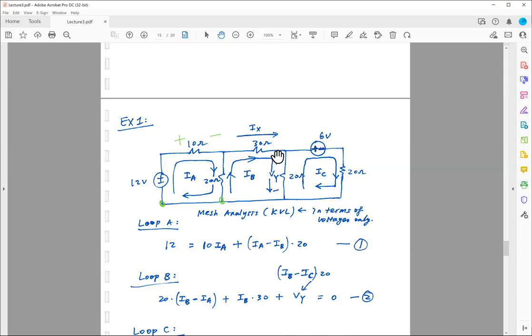This net current flow is going to flow downward through this 20 ohm resistor. So IB minus IC times the 20 ohm resistor here is equal to Vy. And now you sum all this to 0, and this is your second equation.